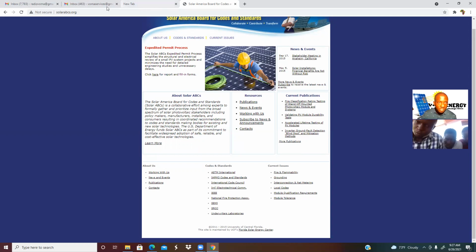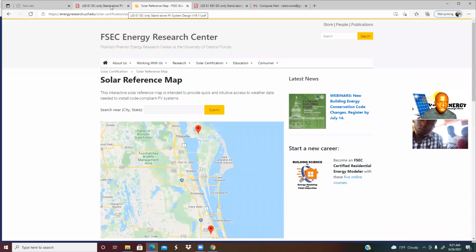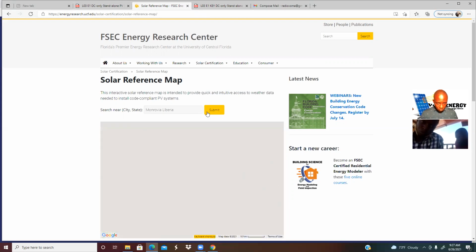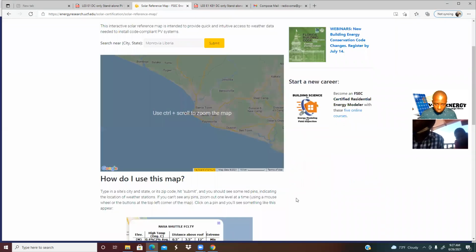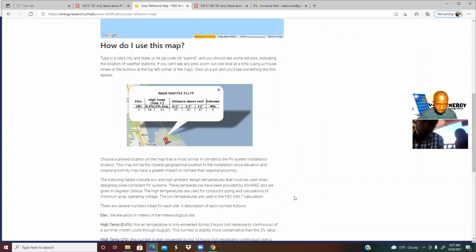All right. I'm going to leave this right here and go back to my material. We'll use PVWatts. The solar reference map. I don't know if you guys can see this here.